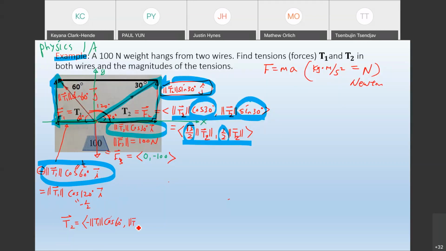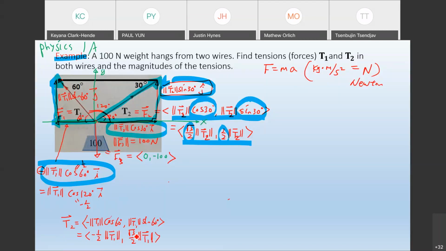So j component, I don't need to worry about it. Oops, T1. Sine 60. What's that equal to? Negative 1/2 T1 magnitude, radical 3/2 T1.